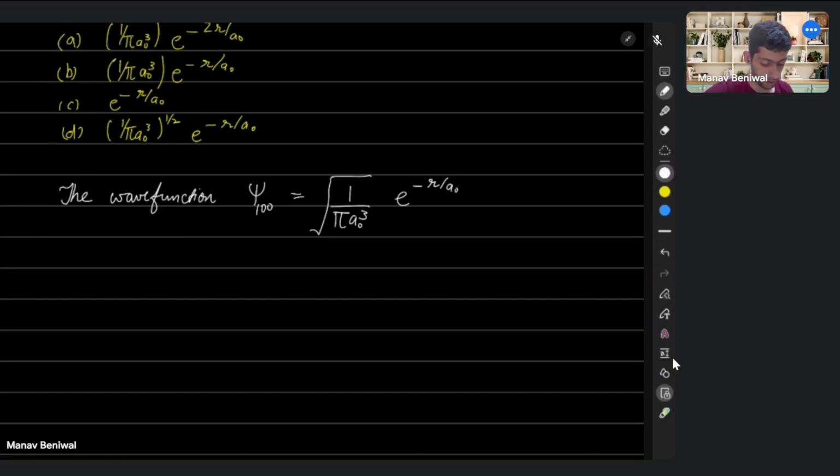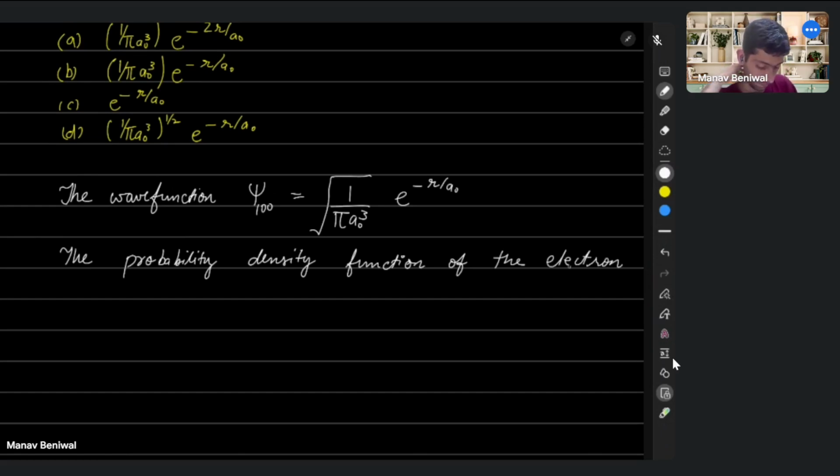Now the probability density function of the electron relative to the nucleus is given by mod psi squared, which is nothing but psi star psi.